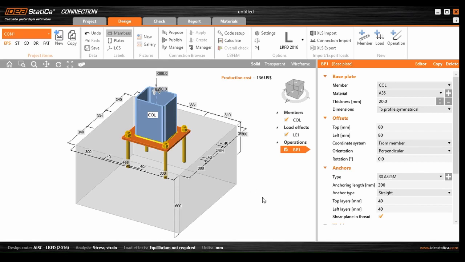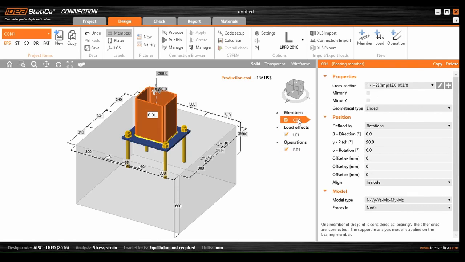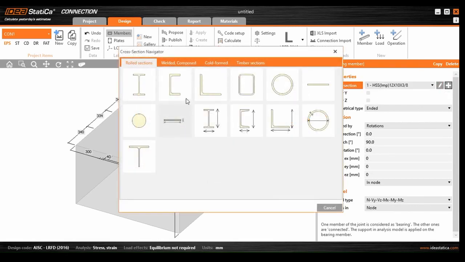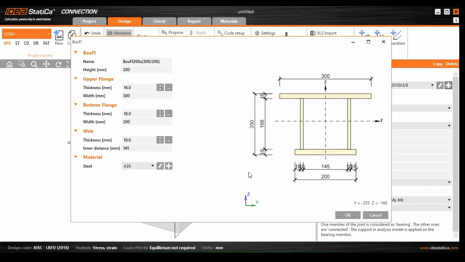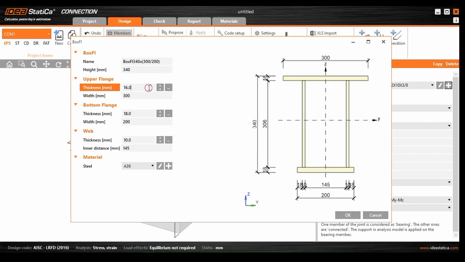First, I change the column here. Click on column, and then click on add new. My column is fabricated from steel plates, so I choose welded compound, and then I choose box shape column. Here we can determine the properties and dimensions of the column. I change the height to 340. Thickness of the upper flange is 20.